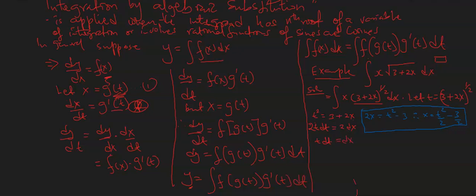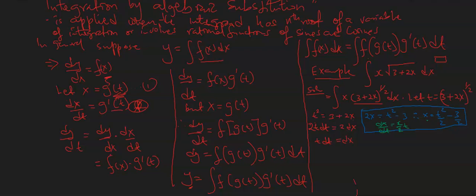Note that if you are not used to that way of differentiating, you can make x the subject, like the way you have done here, and you'll notice that x is equal to t squared over 2 minus 3 over 2. For dx/dt, if you differentiate x with respect to t, you'll get 2t over 2, which is actually t.